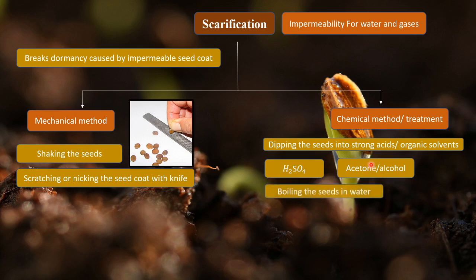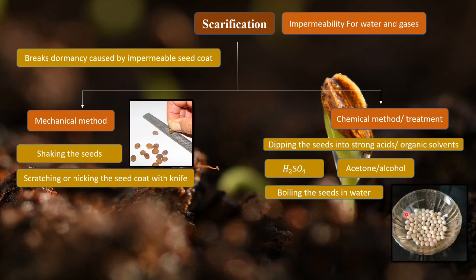Chemical method is also said when we boil the seeds in water. So that is also included in the chemical method, and that can also break the dormancy of the seed by allowing the hard seed coat to imbibe water, hence becoming permeable.